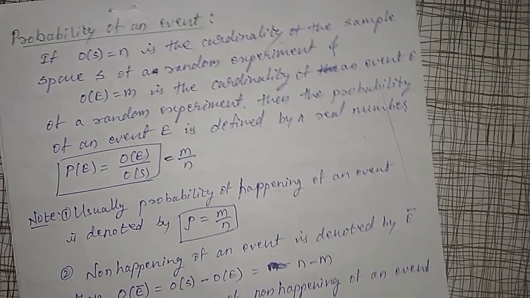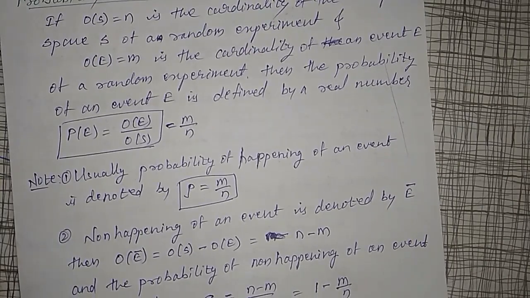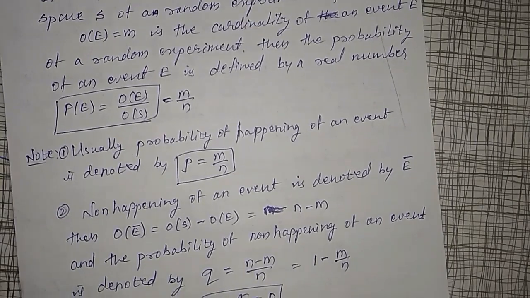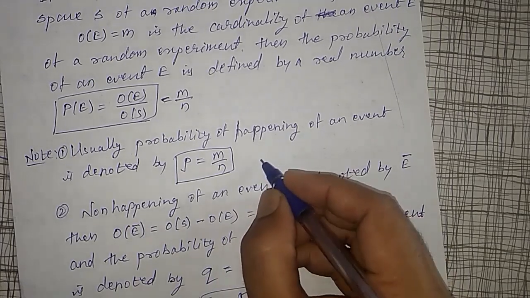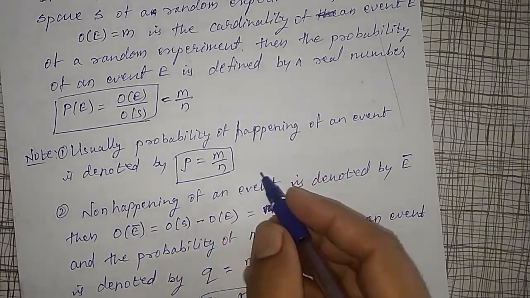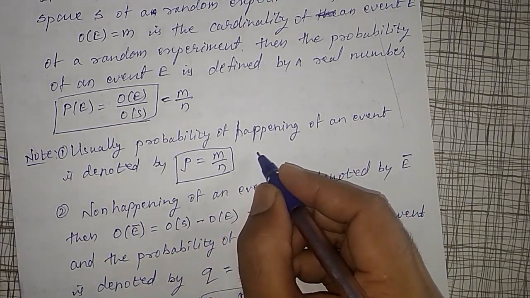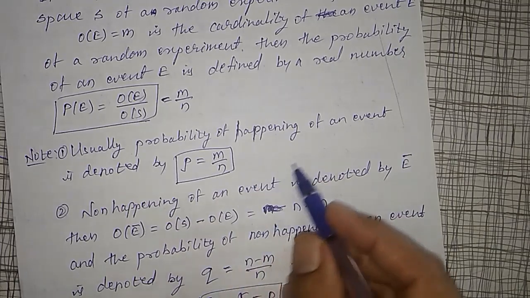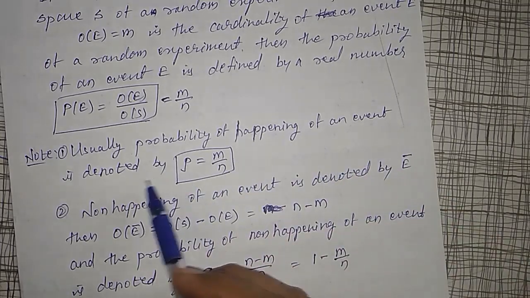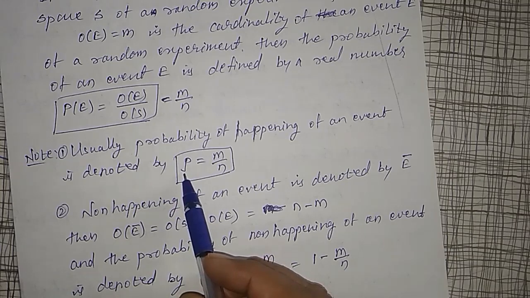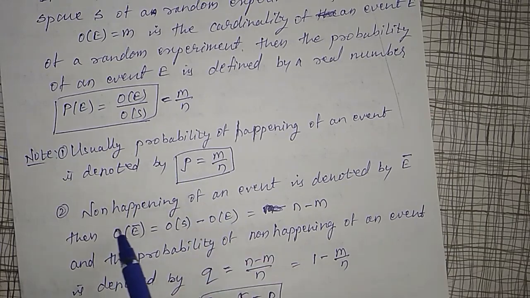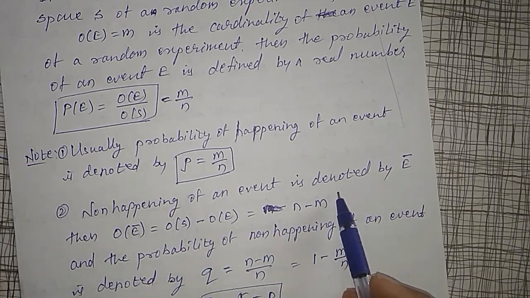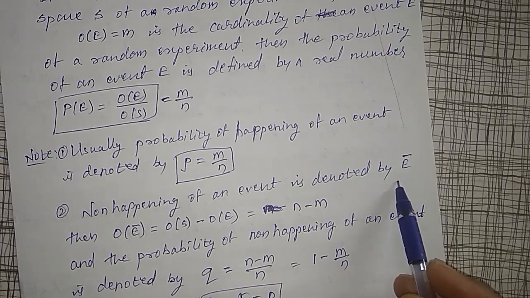Now some notes on this I would like to discuss here. Usually the probability of happening of an event is denoted by small p, or we call it the probability of success. If I define happening as a success, then the probability of happening, small p, is denoted by m by n. Therefore non-happening of an event will become E bar.